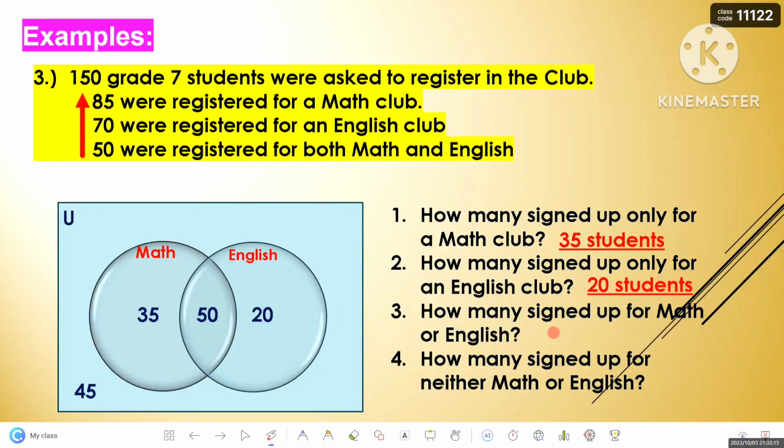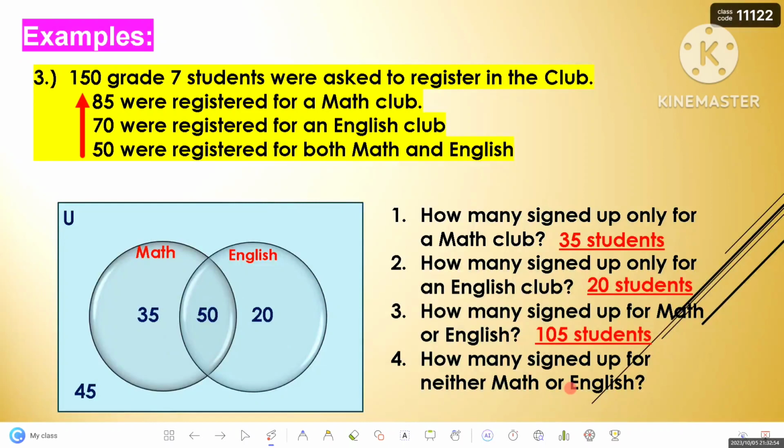Number 3, how many signed up for math or English? Math or English daw. Is it 50? Or is it 35 plus 50 plus 20? The answer is 105. Bakit? Kasi ang tanong, ilan daw ang nag-sign up sa English at sa math? So, silang lahat yon. 35 plus 50 plus 20 is 105. Now, let's take number 4. How many signed up for neither math or English?